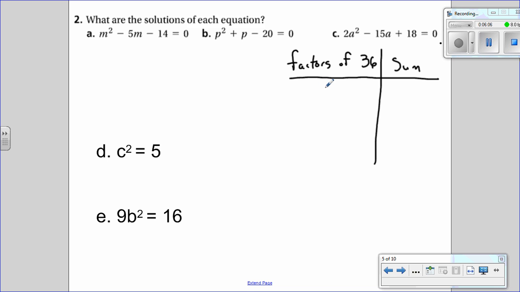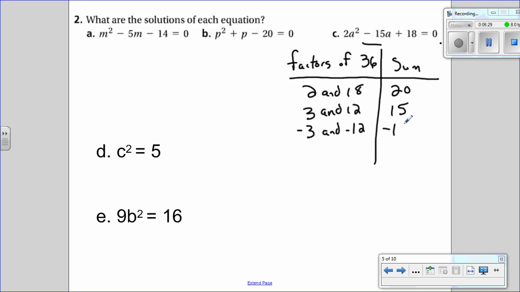We got 1 and 36, 2 and 18. 2 and 18 is 20. 3 and 12. 3 and 12 is 15. I'm looking for -15, so -3 and -12 would work. -3 and -12 is still +36. That's -15. So that's what it is.